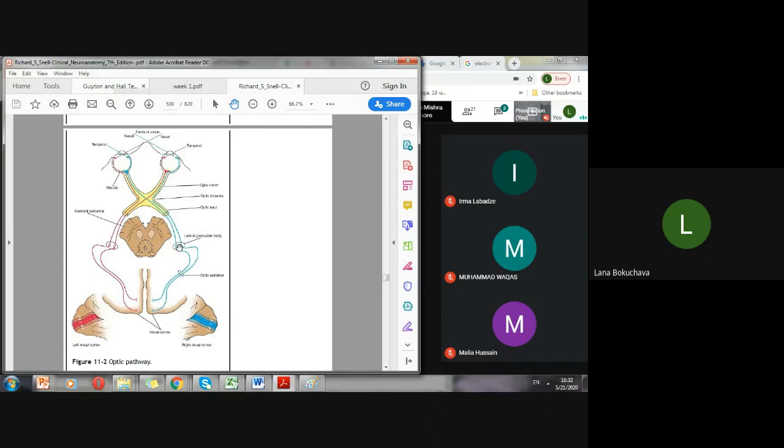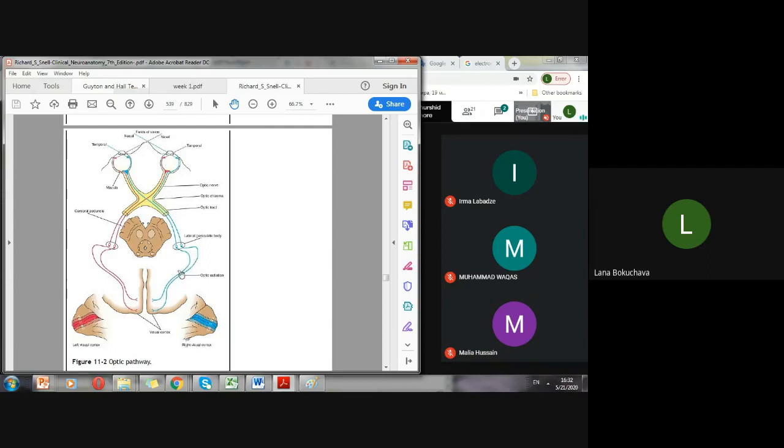M, medial geniculate body. M stands for music. So it is associated with the auditory pathway, but this one I will talk about later. As you can see, in this lateral geniculate body is where we have the formation of the synapse, and as a result the formation of the next stage, which is the optic radiation.